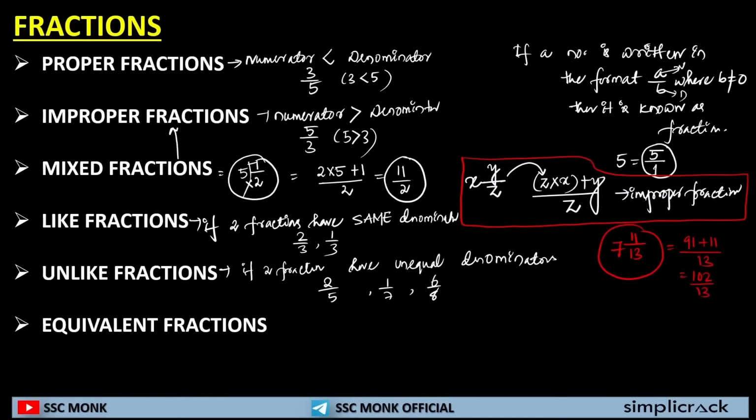Now what is an equivalent fraction? Let's say a fraction is like this, 2 by 5. Now if I multiply 2 on the numerator and 2 in the denominator, I'll get 4 by 10. This 4 by 10 is known as an equivalent fraction of 2 by 5.